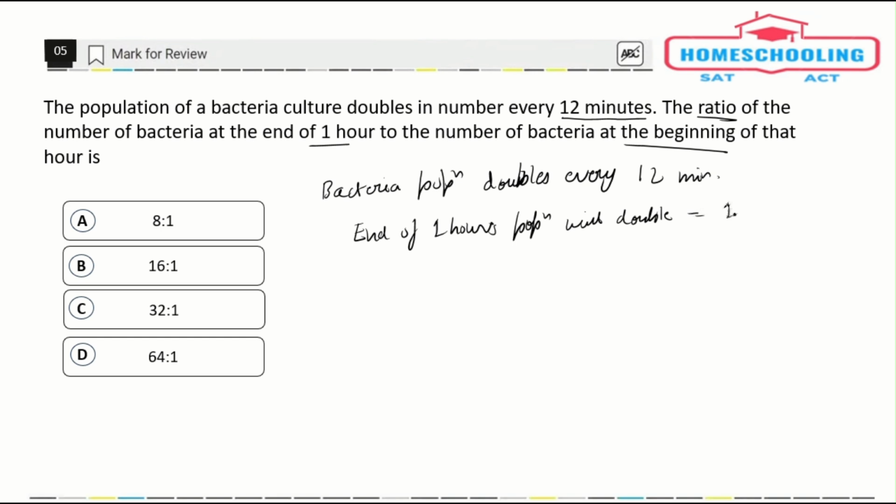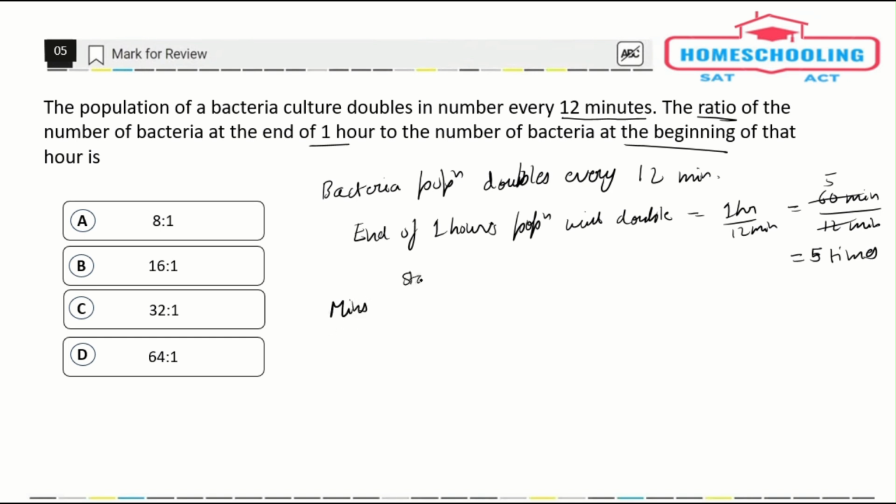So 1 hour, which can be written as 60 minutes, divided by 12 minutes. So that will go 5 times. So in 1 hour, the bacteria population doubles 5 times.